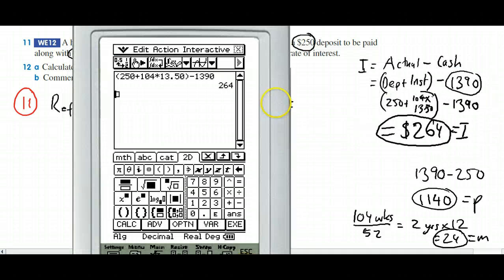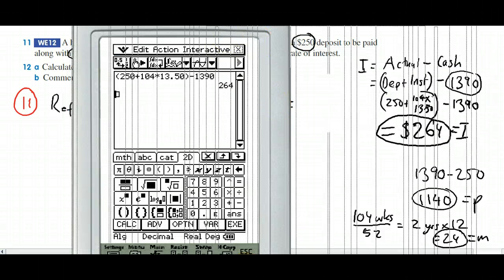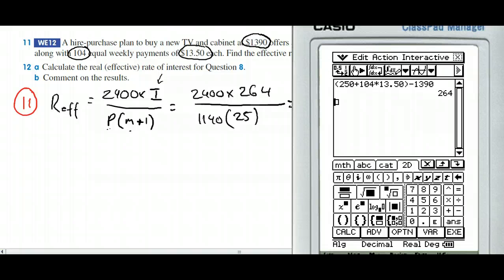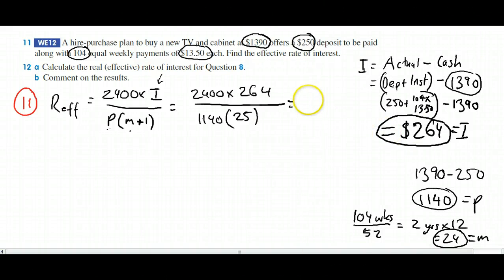When we put that into the calculator, we've got a fraction with 2,400 times 264 on top, and on the bottom 1140 times 25. And that turns out to be 22.23. That's a percentage. That's the effective interest rate given these conditions in question 11.